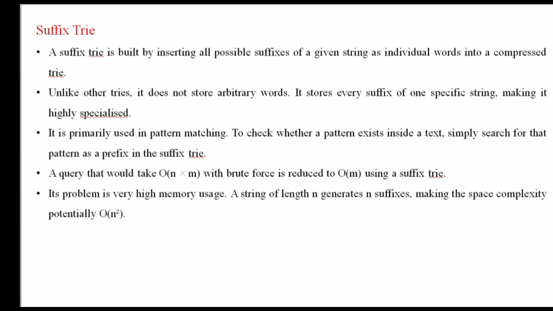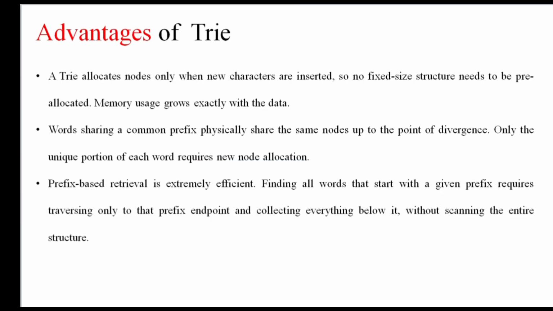So these are the trie variants. Now let's look at the main advantages of a trie. First, it is dynamic. It only creates a node when we add a new letter. We don't need to block a fixed memory size at the start.